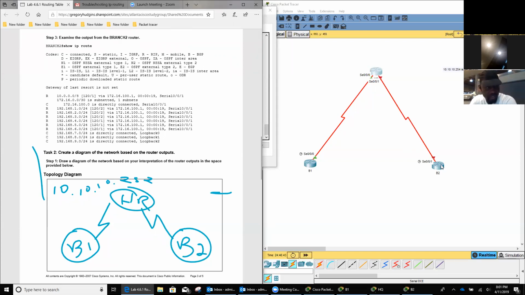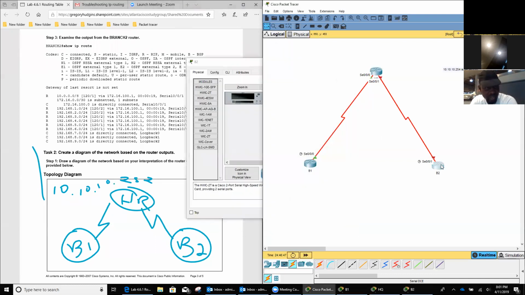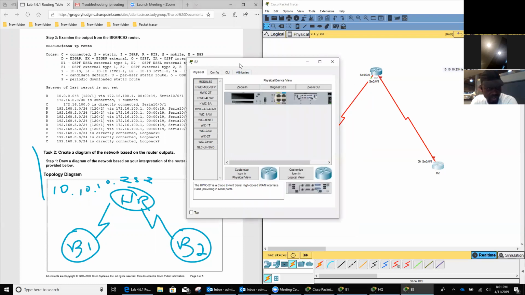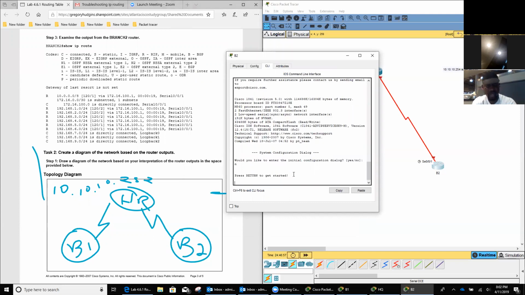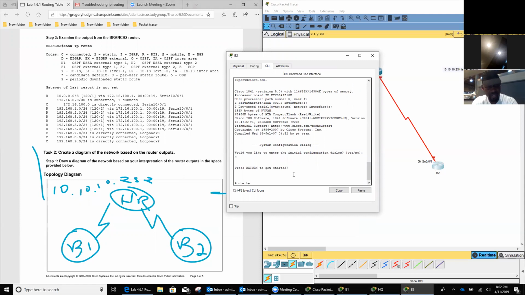All right, so on step 3, you see you got those 4 connected routes, you got 3 loopbacks and the 1 serial interface. Let's go ahead and add those.